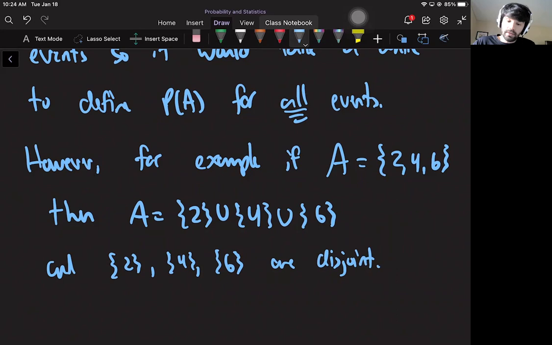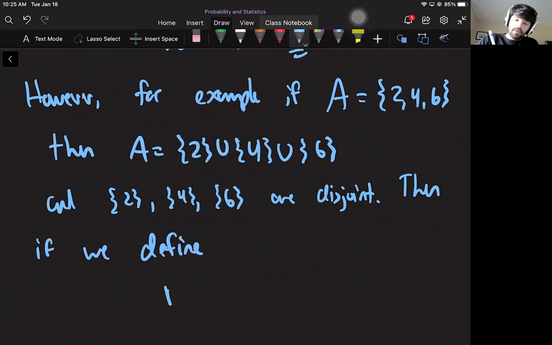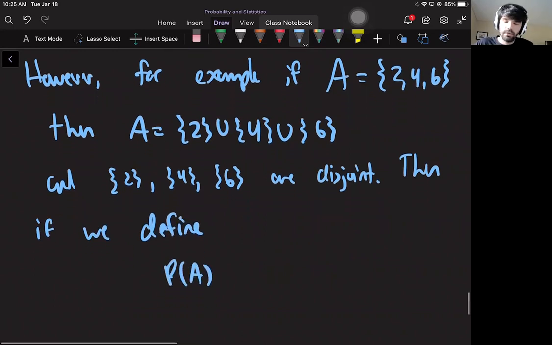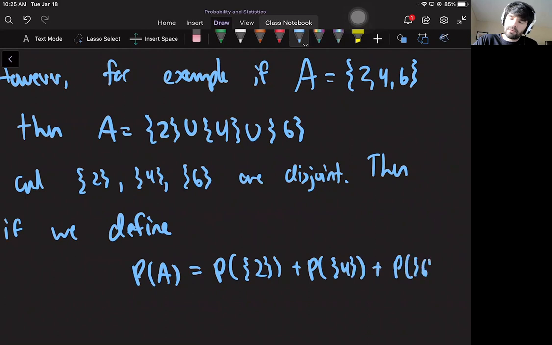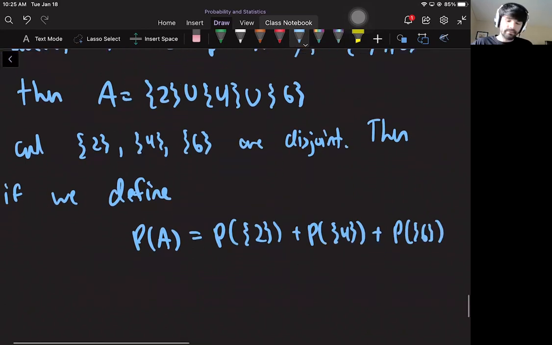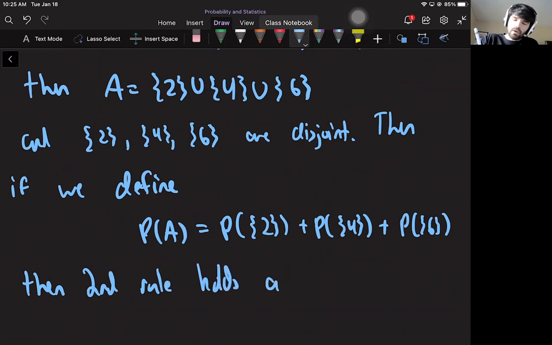If we just define the probability of A to be exactly what we want, meaning the probability of rolling a 2 plus the probability of rolling a 4 plus the probability of rolling a 6, and we know these 3 already, then we'll have the probability of A. If we define it this way, then the second rule holds automatically.